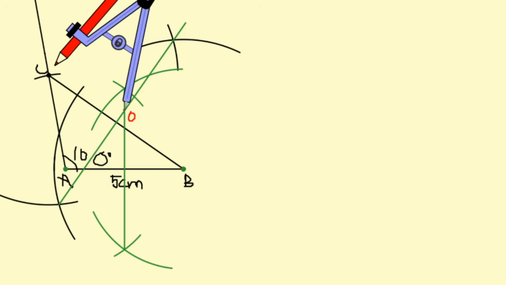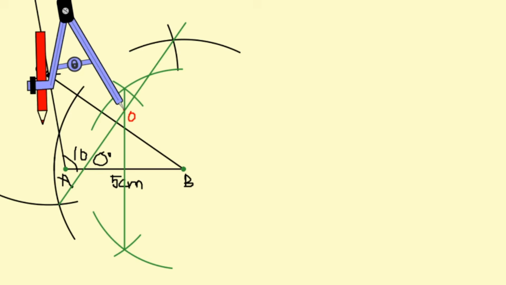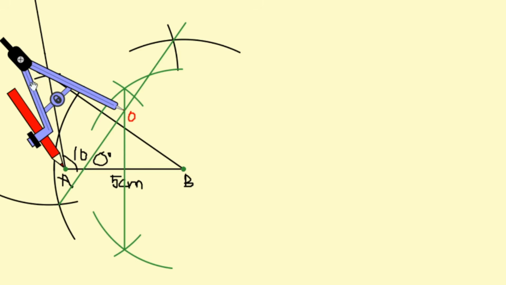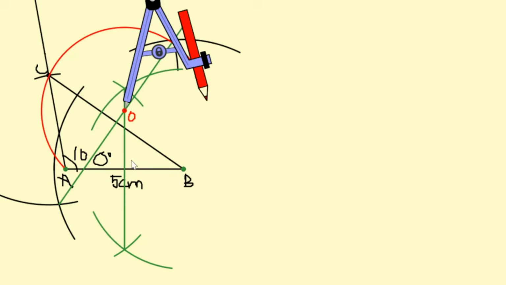From O to B we have checked, from O to C, then from O to A. Now everything is okay. Now we can draw the circle.